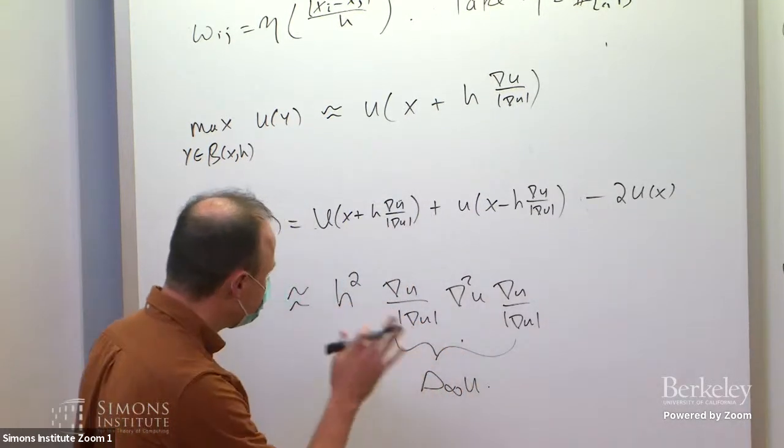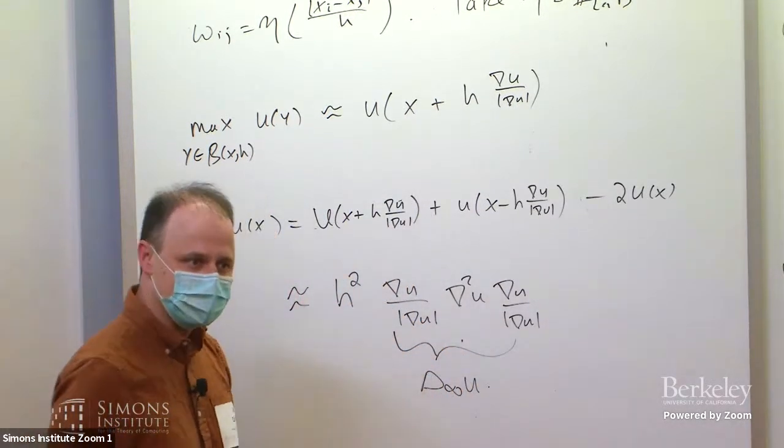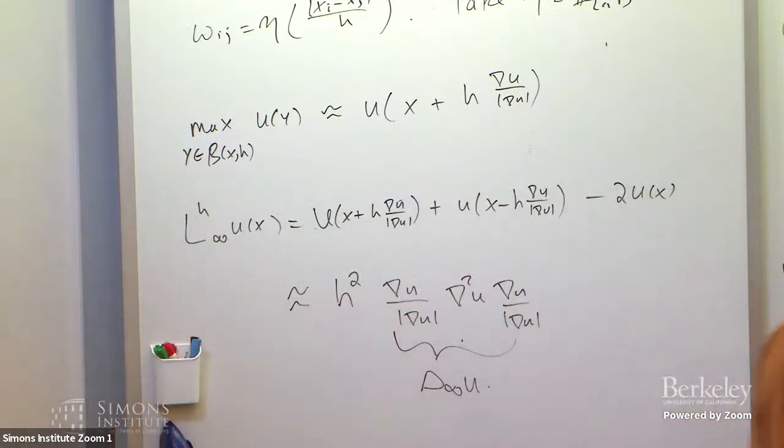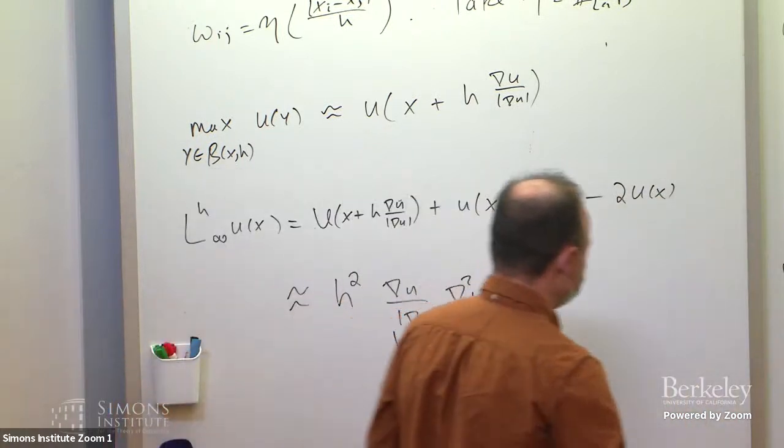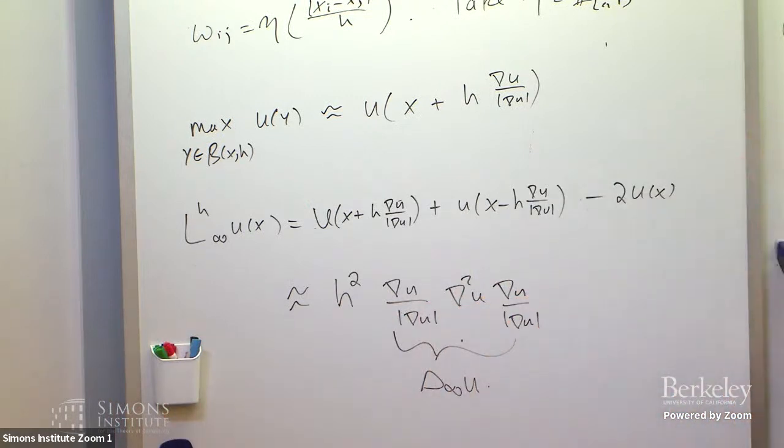So it's the second derivative of u in the direction of the gradient. And that's the equation that you should get in the continuum limit of this guy here. Of course, this is in a very simple setting where the weights are the characteristic function of an interval, but you can extend these arguments to more general settings.